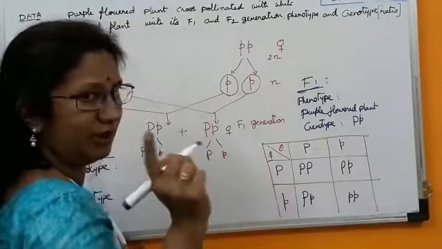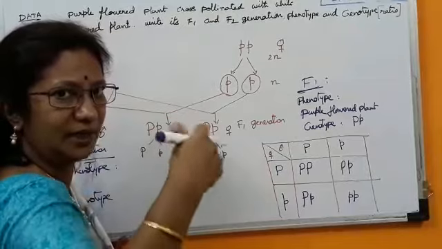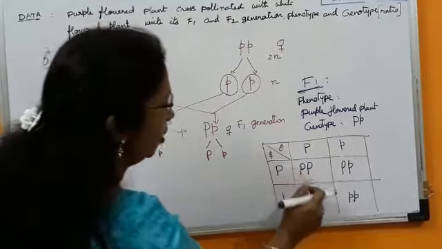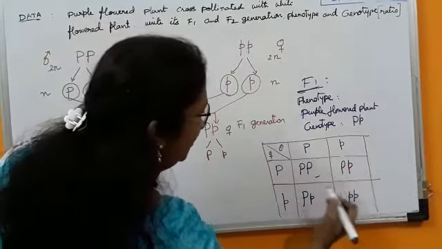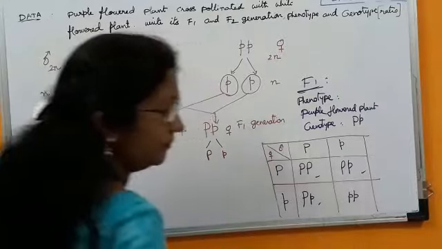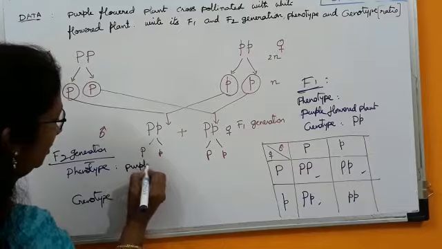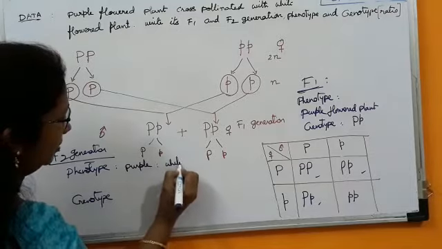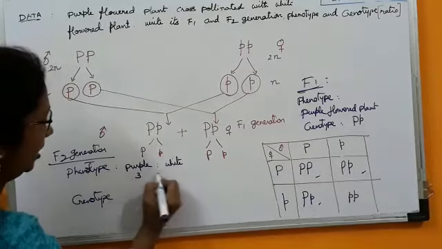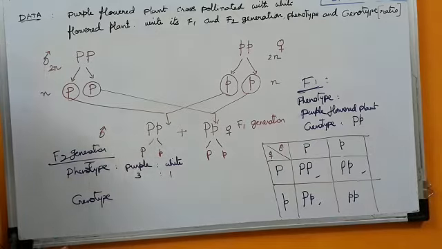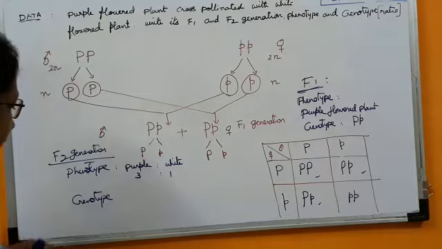One capital P is enough for the purple trait to be expressed. So how many will be purple? This will be purple, this will be purple, and this will be purple. So the phenotype is purple to white: 3 are purple and 1 is white, 3:1.